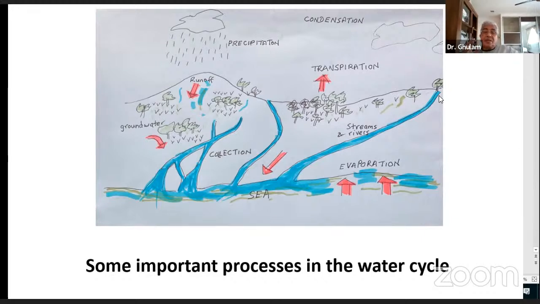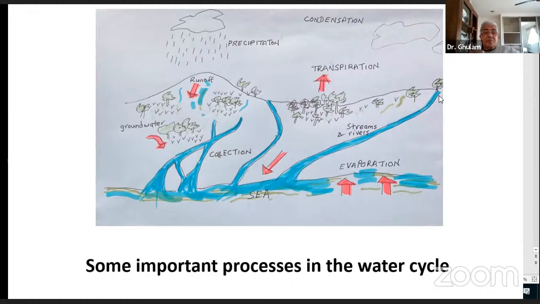That means they release water vapor into the air. And then when they reach the atmosphere and conditions are favorable, they condense, and sometimes they come to a point where they fall as rain or snow. That is called precipitation. When the rain falls, the water collects in streams and rivers.